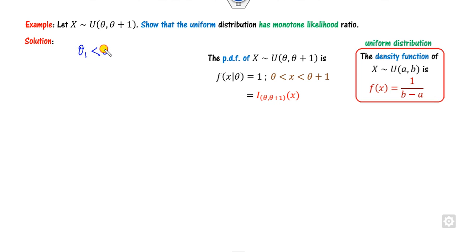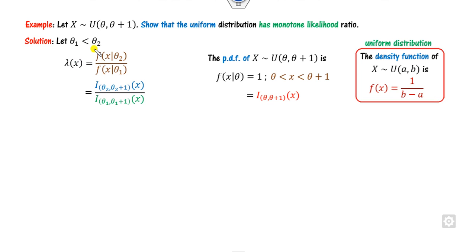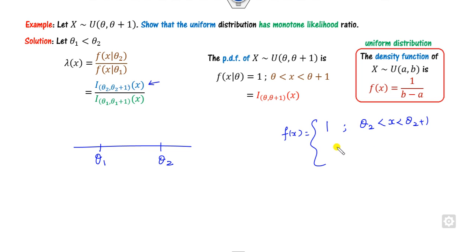So let's say theta 1 is less than theta 2. Then we define the likelihood ratio. Now you can see there are two different parameters. You can see firstly that theta 1 is less than theta 2, that is satisfied. So according to this we have the function of 1 when theta 2 is less than here.